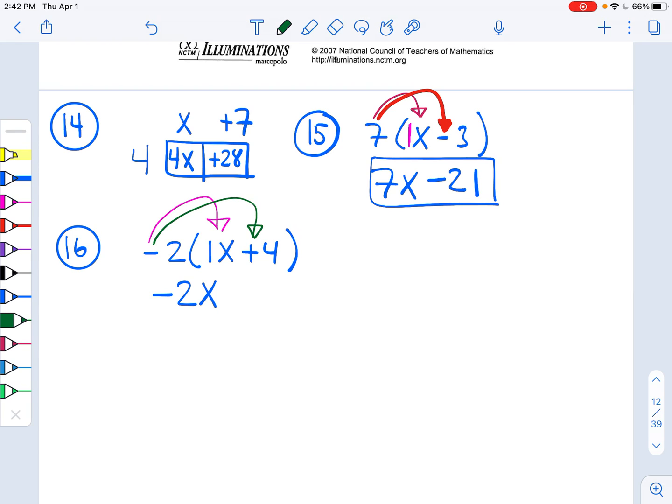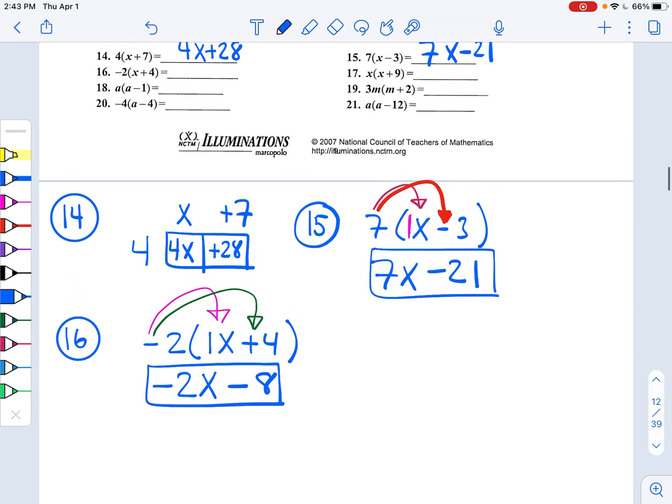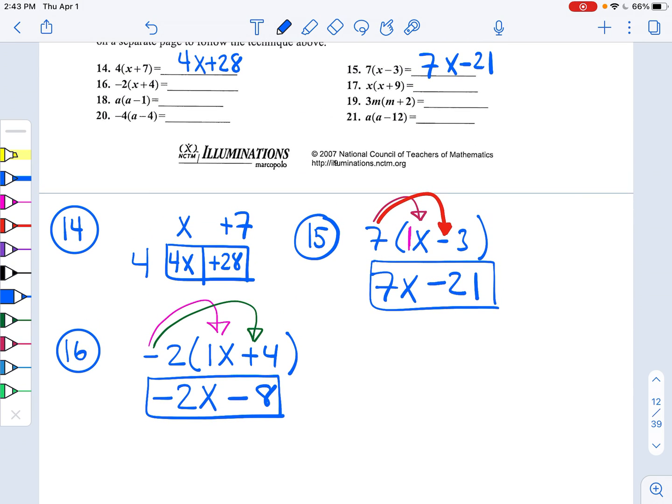And then you have a negative times a positive 4, which is a negative. So just put minus 8. There's no need to put plus negative 8. So this one would be negative 2x minus 8.